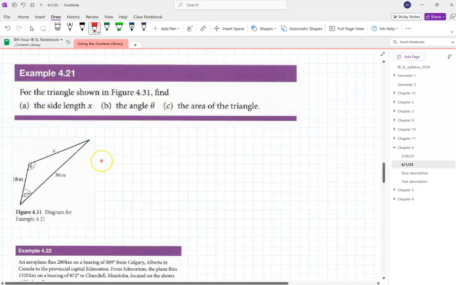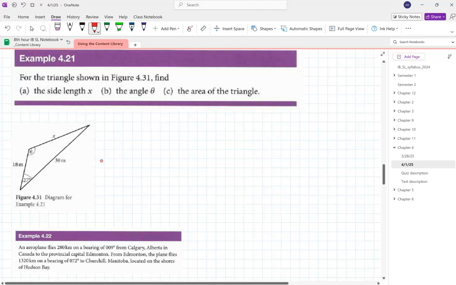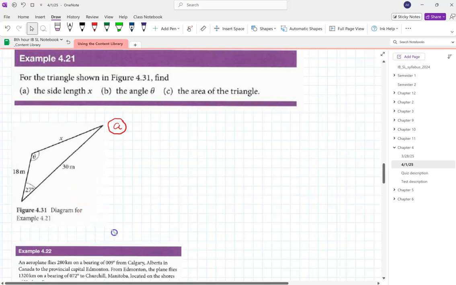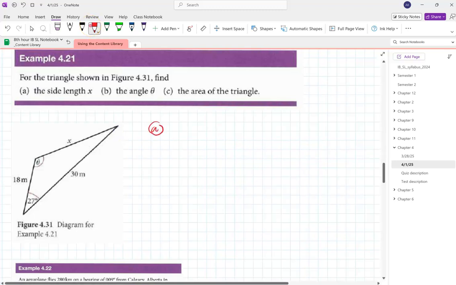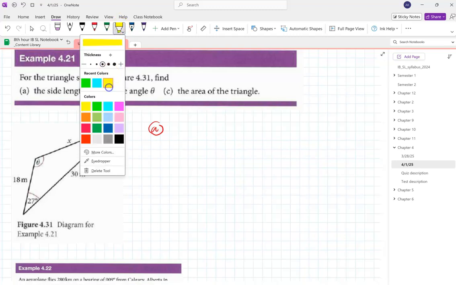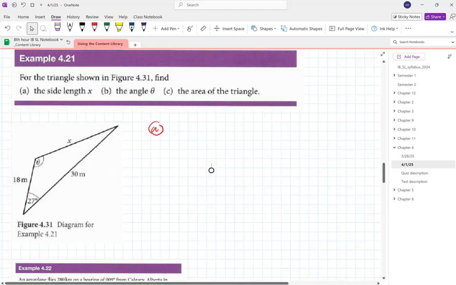Okay. The triangle shown. We're solving for the side length x, the angle measure theta, and the area of the triangle. Oh boy. All right, so if I take a look at this, we'll make that a little bigger maybe. So we're solving for x first. What situation do we have here? Side angle side.